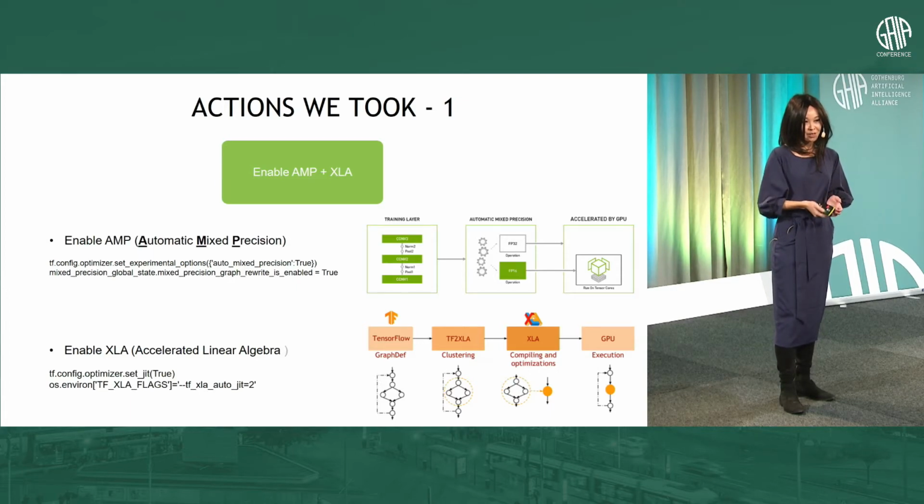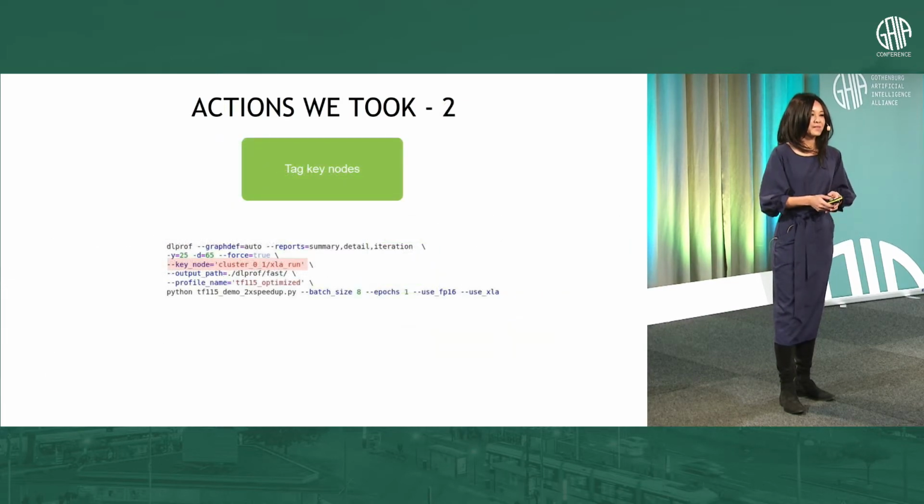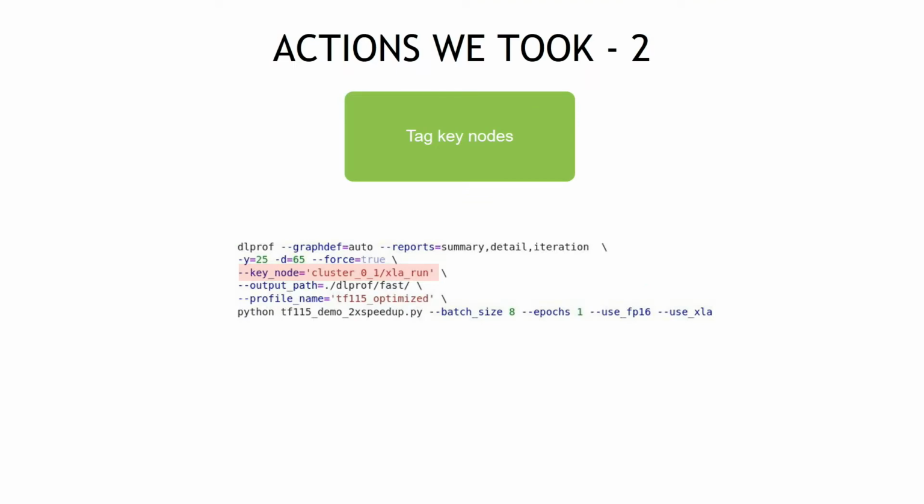So that's what we're going to do next, because we're going to tag those after the clustered operation. So here we go. We're going to tag one of the first nodes, 01, after XLA renamed, so that the iteration will focus on this clustered operation onwards.